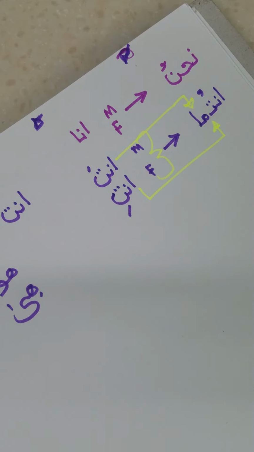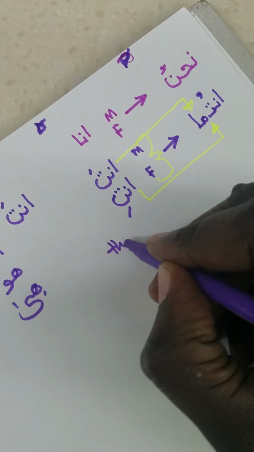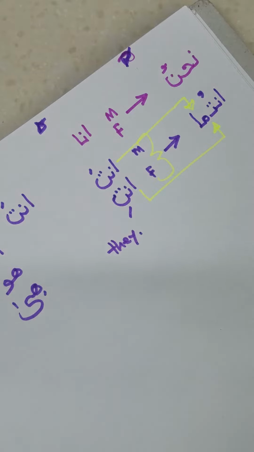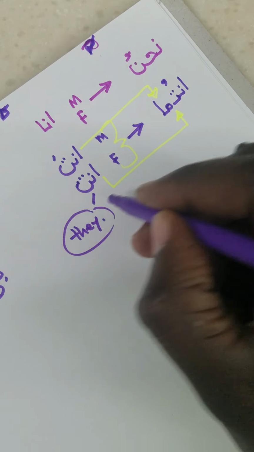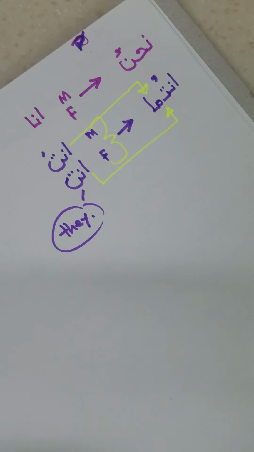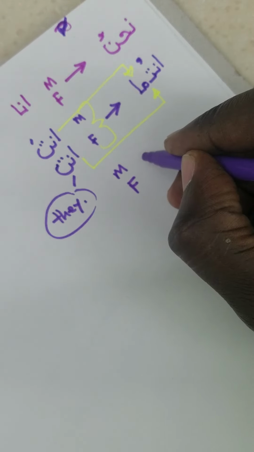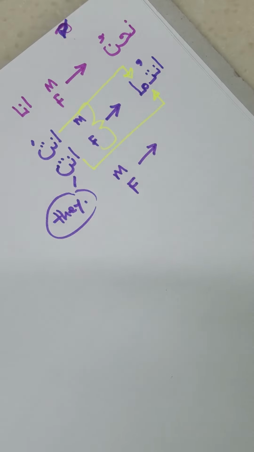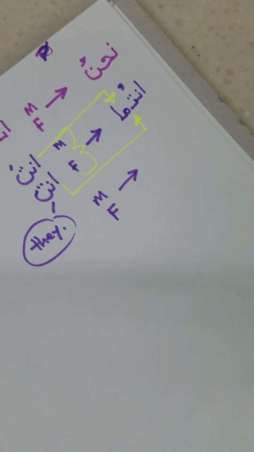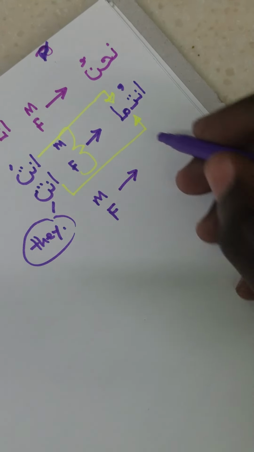If it is they, if it is singular, it is Huwa. They, male and female, are also going to take on the same format, and it's going to be Humma.